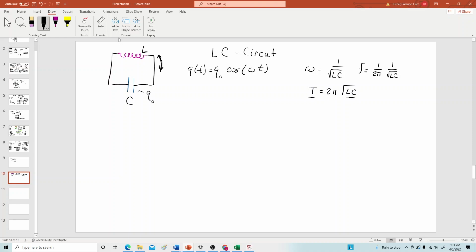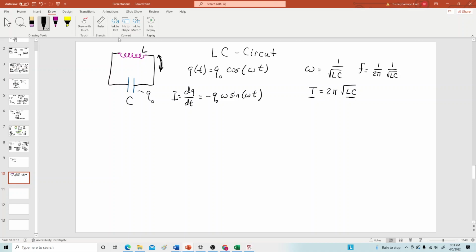The current, remember, is the derivative of charge. So the current in this case would be given as negative Q naught times omega times sine of omega t.